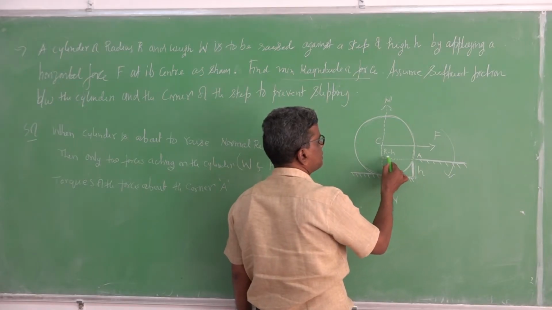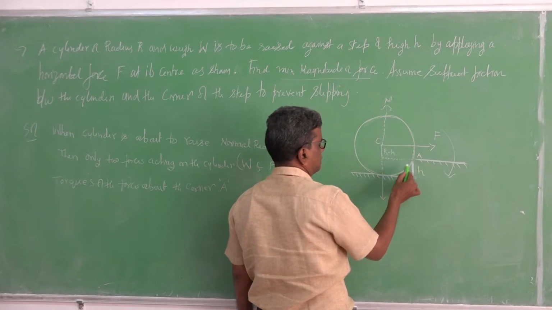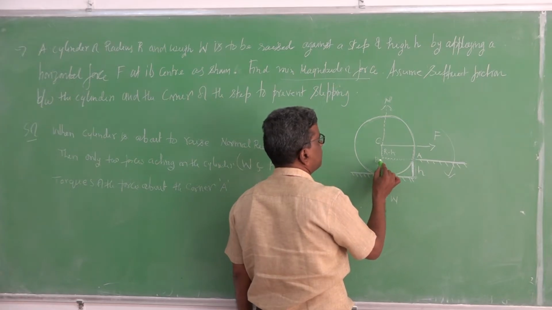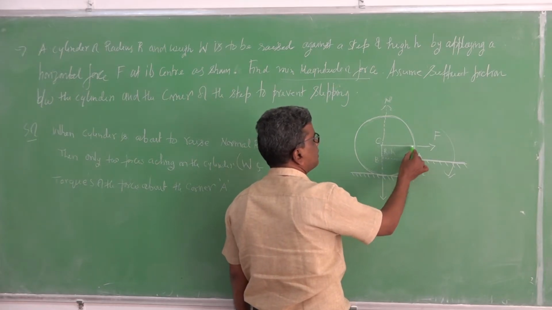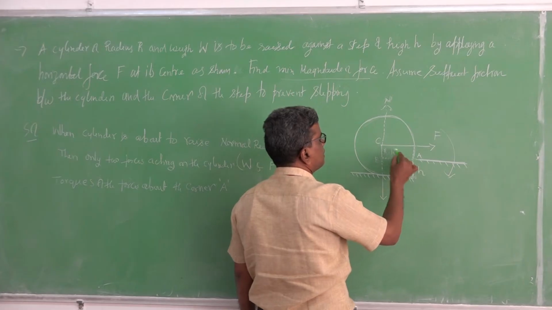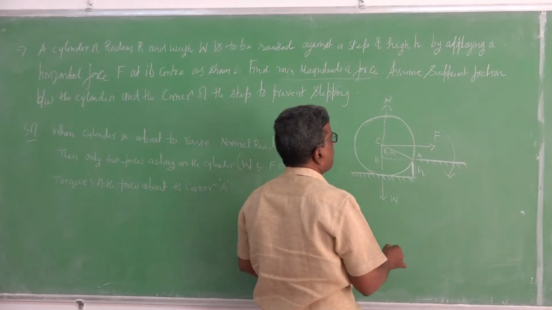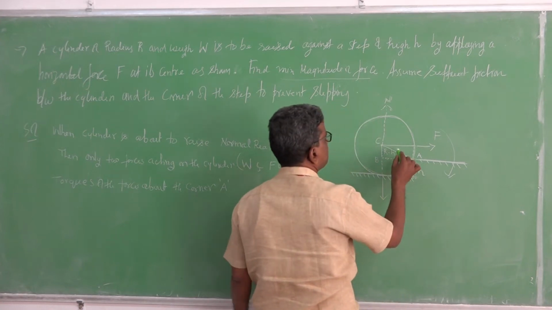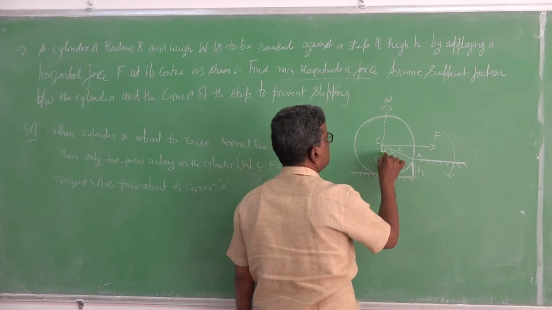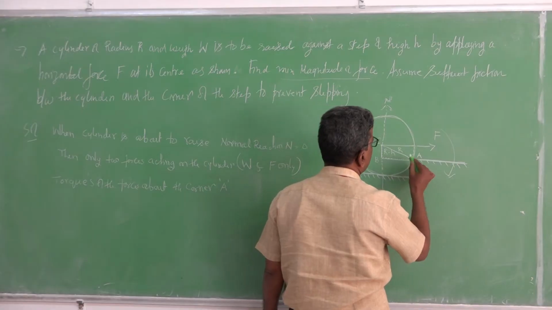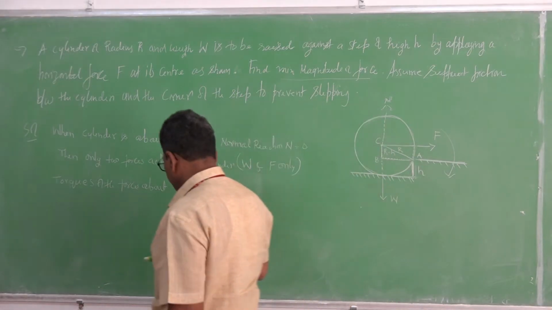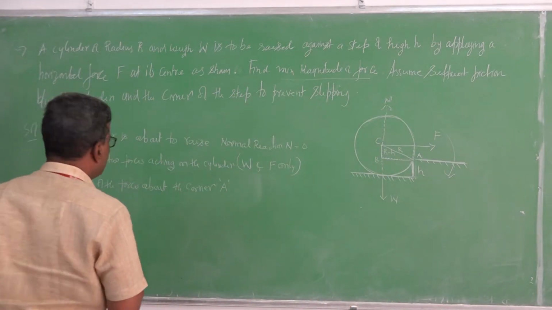Let me name this point B, so AB is the perpendicular distance. AC is r, and BC is r minus h. Then use the Pythagoras theorem.